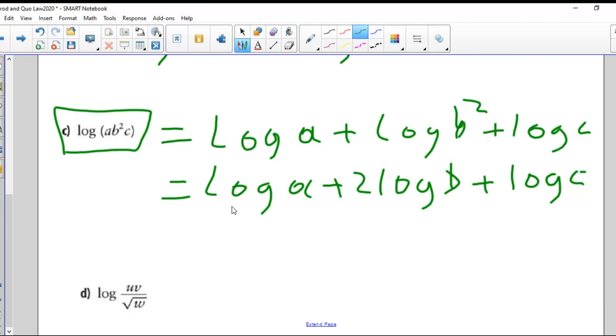Did what I just showed you before make sense, Hunayan? The previous page? Okay, good. If you need me to show it to you again, I can do that.